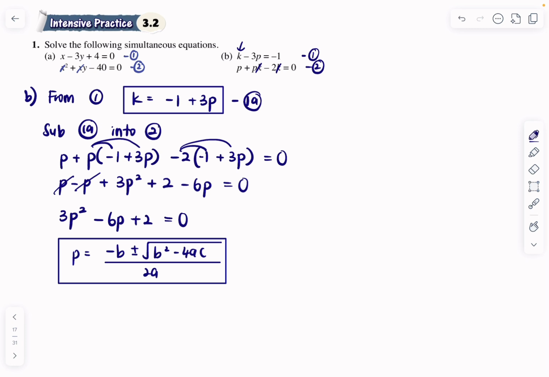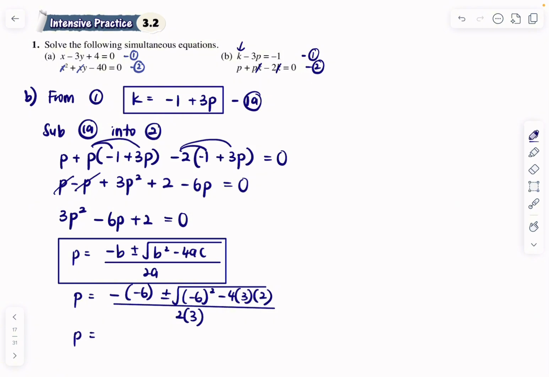Okay, if you're wondering, this is a, this is b, and this is c. So you just have to put it into the equation. Divide by 2a. So a is 3.